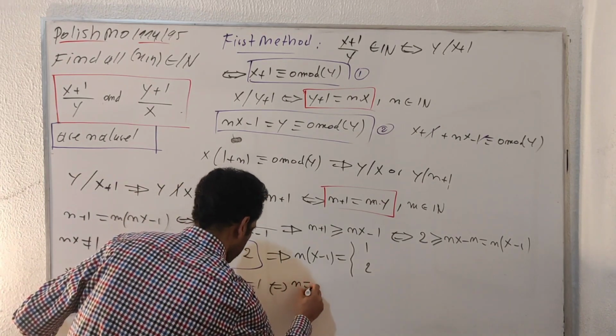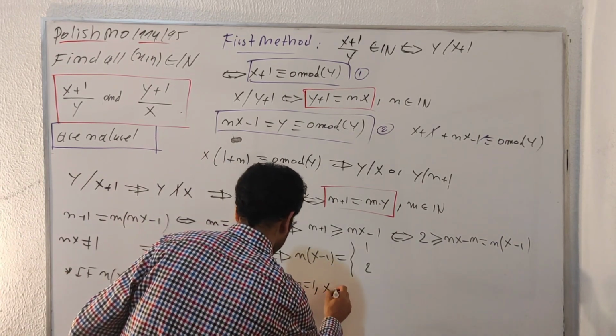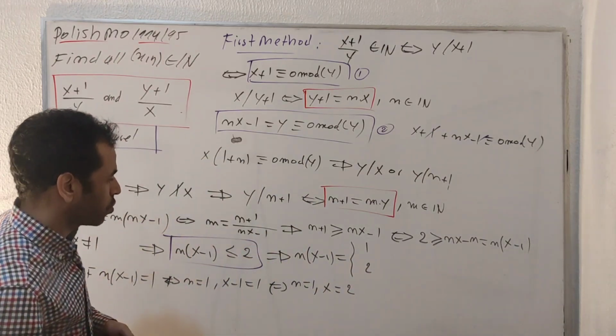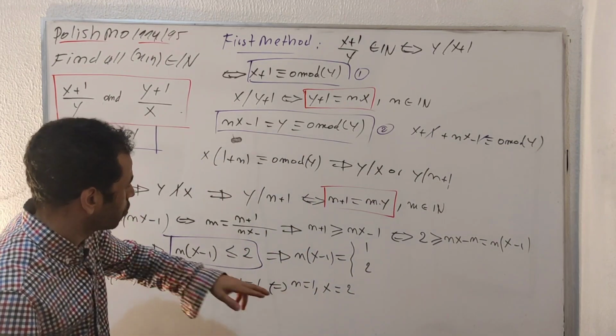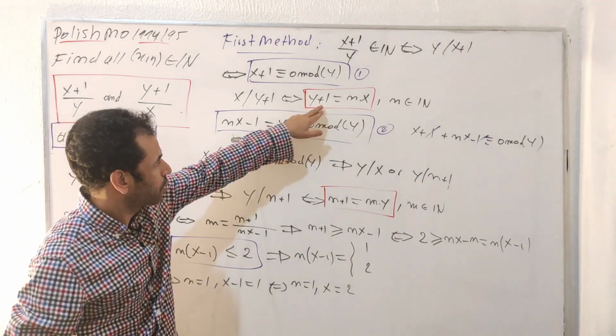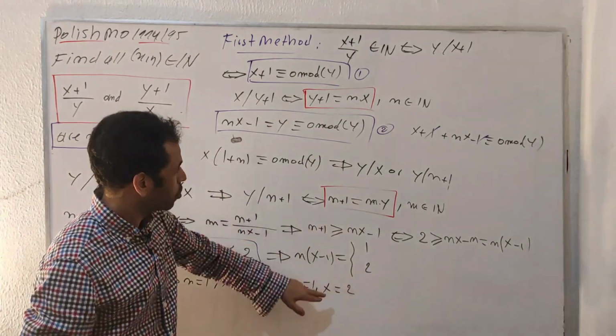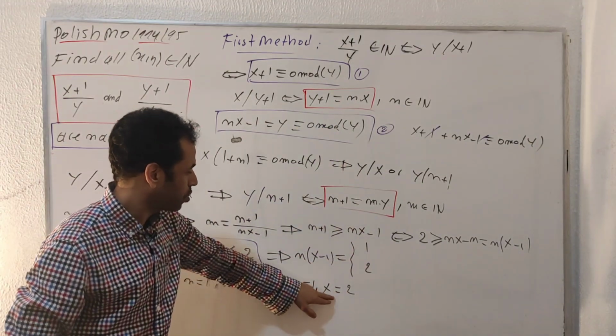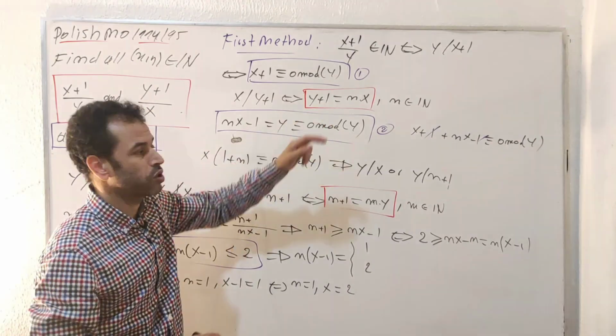Equivalent n equals 1 and x equals 2. So I found n equals 1 and x equals 2. As we know, we have a relationship between y and x, which means by inserting this value of n and x into the first equation, we can find y.